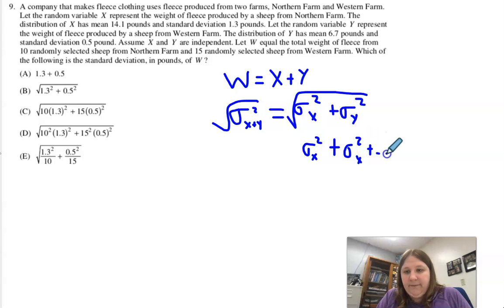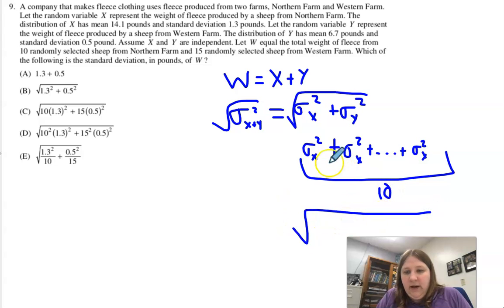We would do that 10 times because there are 10 of them, which is the same thing as saying, if you're adding 10 of the same thing, it'd be 10 times the variance of x, and we're going to have 15 y's, so 15 times the variance of y.